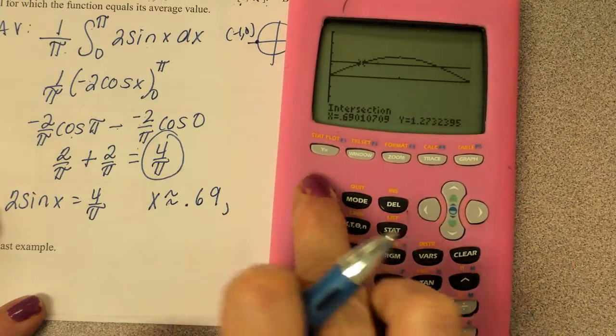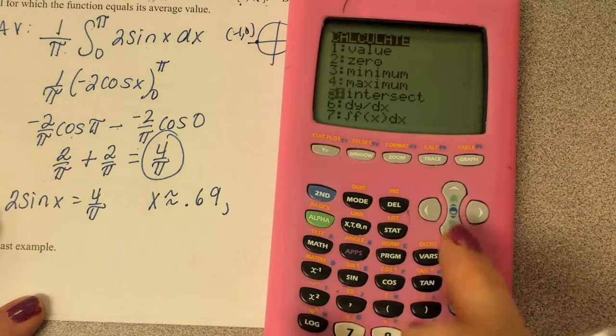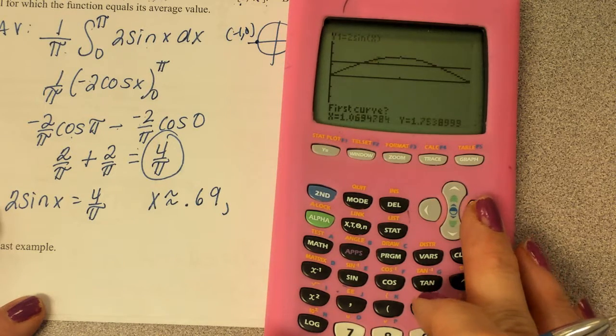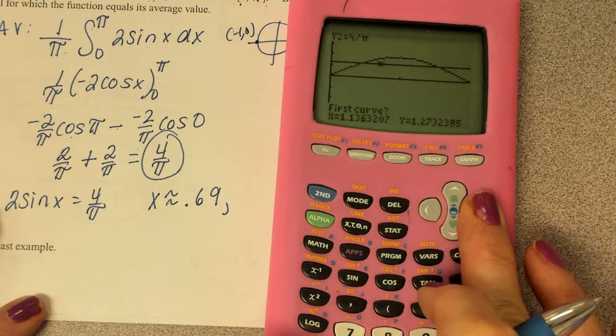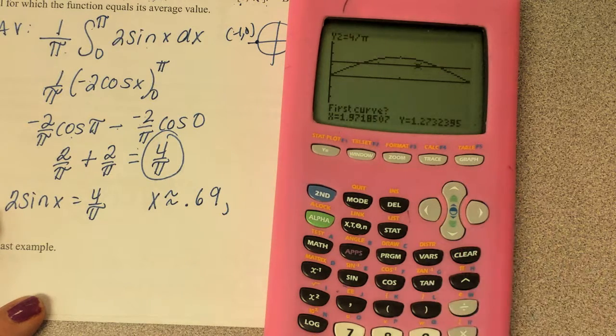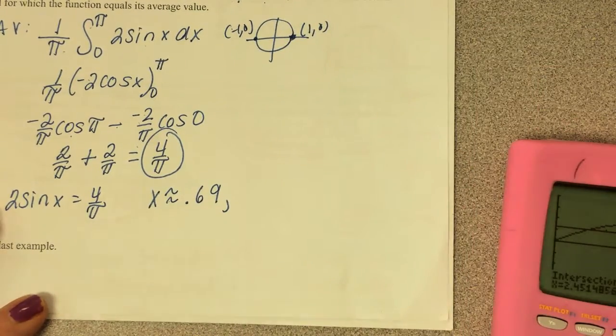And then I'm going to find our other answer. Go over there close to it. Oh, it takes too long to travel there. Let's go here. Enter, enter, enter. And 2.45.